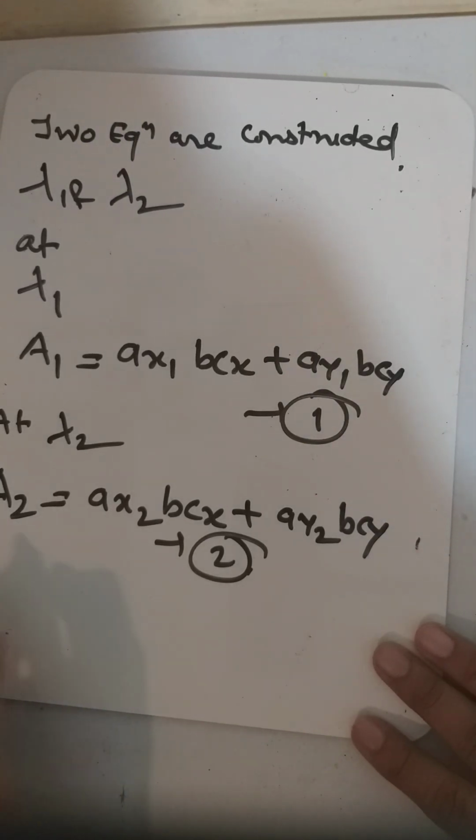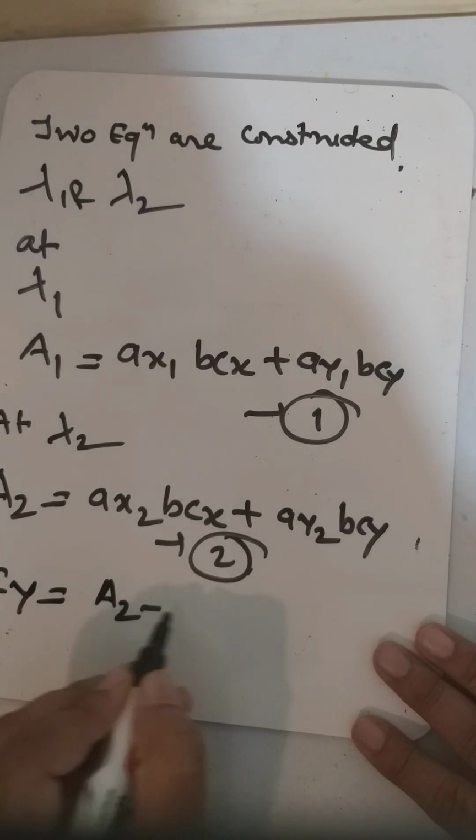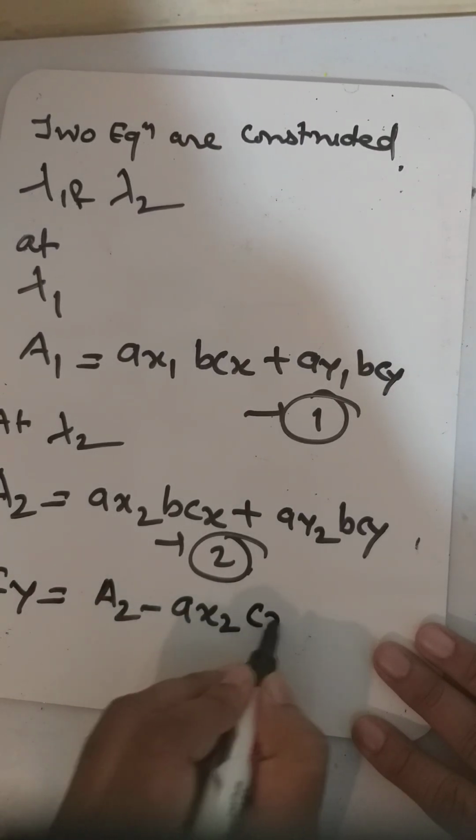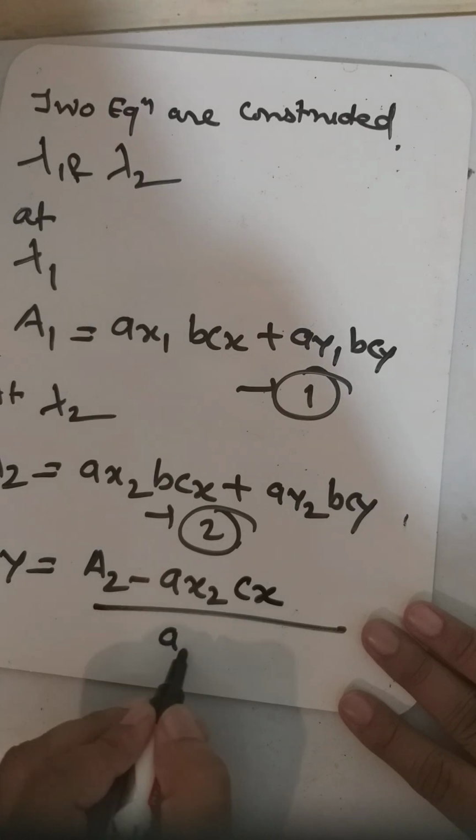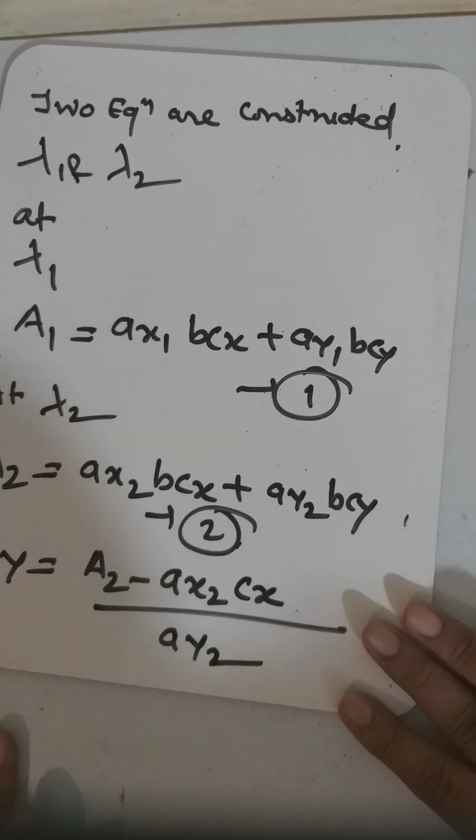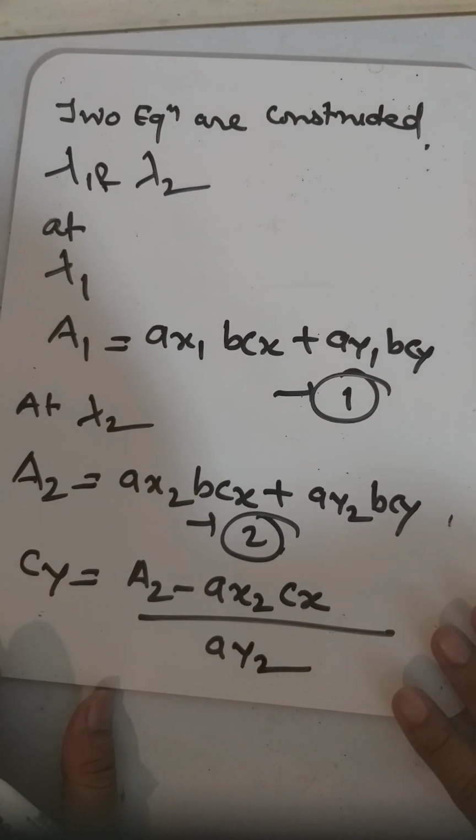So now I am going to rearrange the equations. So Cy is equal to A2 minus AX2 CX, divided by AY2. Are you getting what I am saying? So these are the equations. Okay.